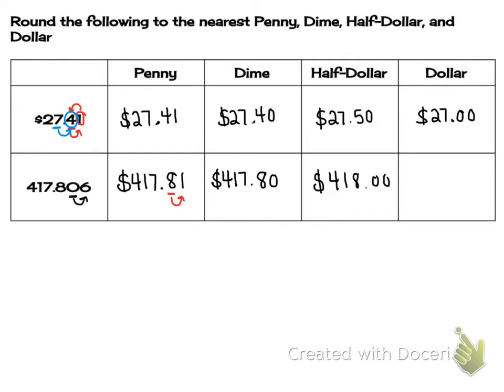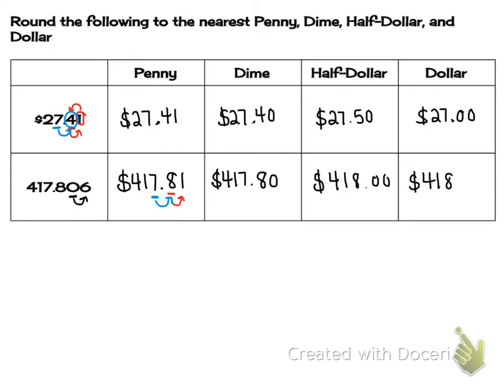And last but not least, the nearest whole number. So $417.81. I'm going to look this time at the 7 because you have to check the whole number, the ones place. I look at the 8. That 8 tells me to round up. So it is $418.